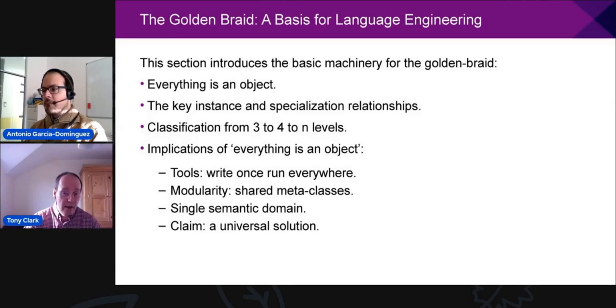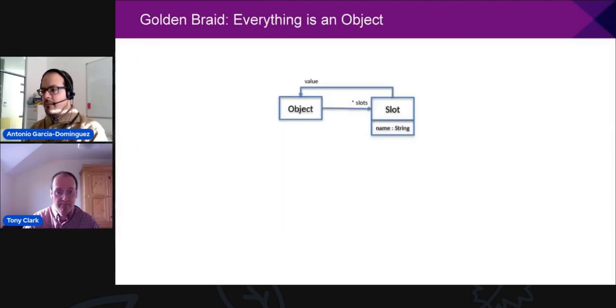Okay, so we need something that's really flexible and will integrate lots of meta levels. So the approach, which is not new, and it goes back to some work by Pierre Conte in a slightly different context, is to create an executable meta model in which everything is an object.